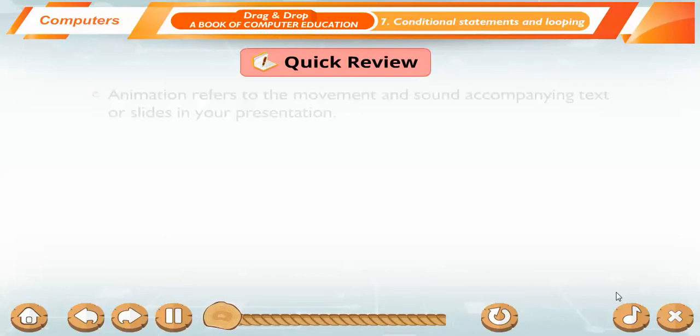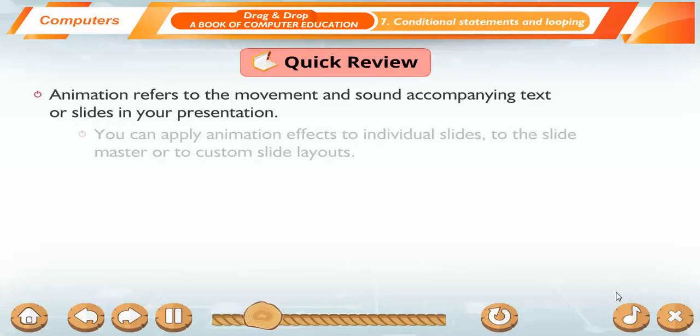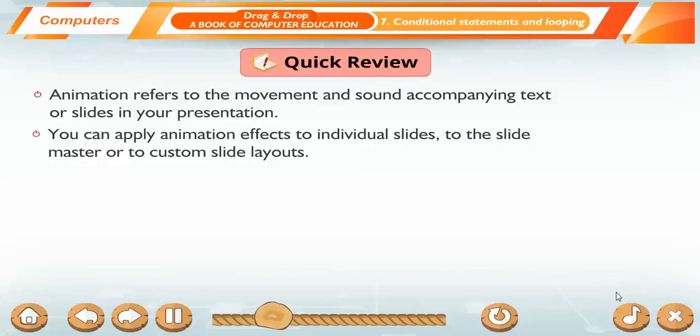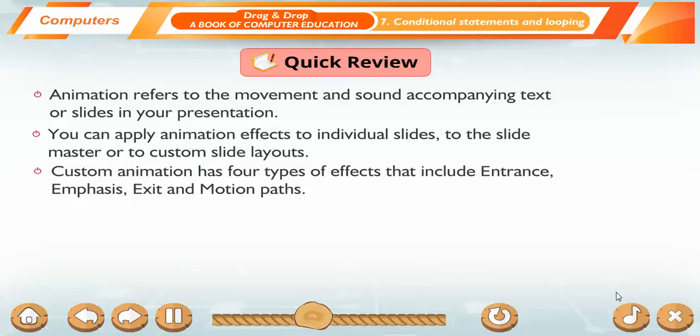Quick review. Animation refers to the movement and sound accompanying text or slides in your presentation. You can apply animation effects to individual slides, to the slide master, or to custom slide layouts. Custom animation has 4 types of effects that include entrance, emphasis, exit, and motion paths.